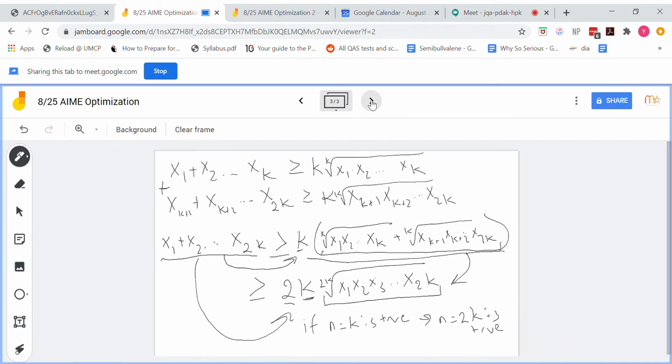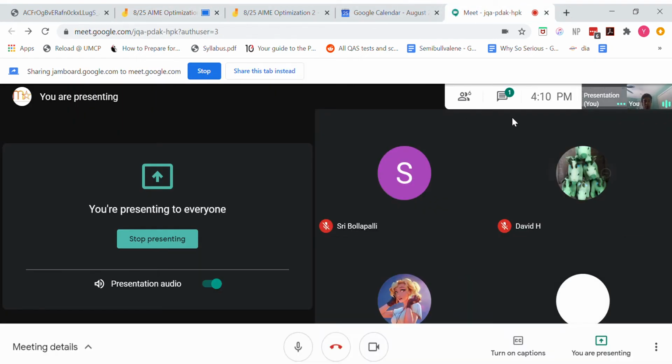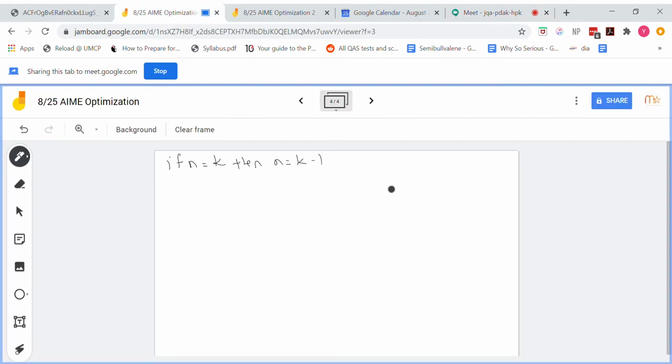To fill in the remaining gap in the proof, what we need to prove now is that if n equals k is true, then n equals k minus 1 is also true. So we're going kind of backwards in terms of the normal direction of induction. How do we prove this?